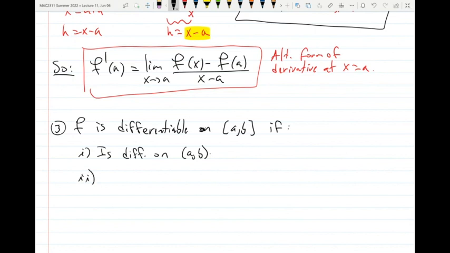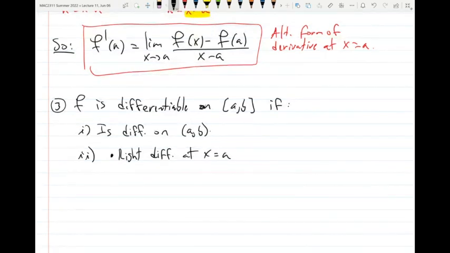And then second, it is right differentiable at x equal a, i.e. the limit as x approaches a from the right of f of x minus f of a over x minus a exists.